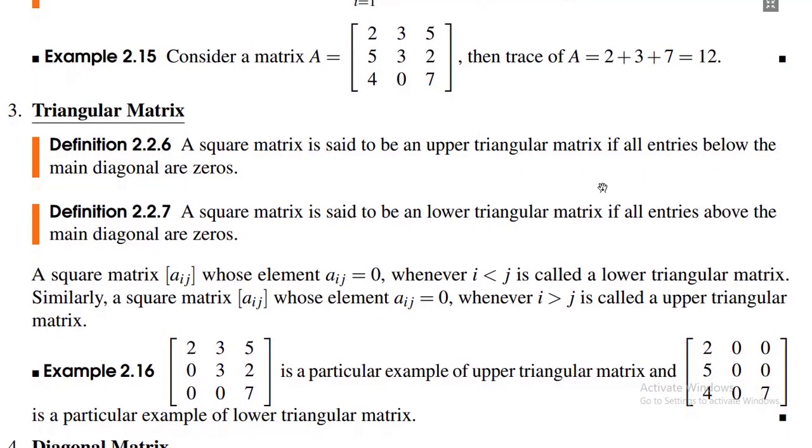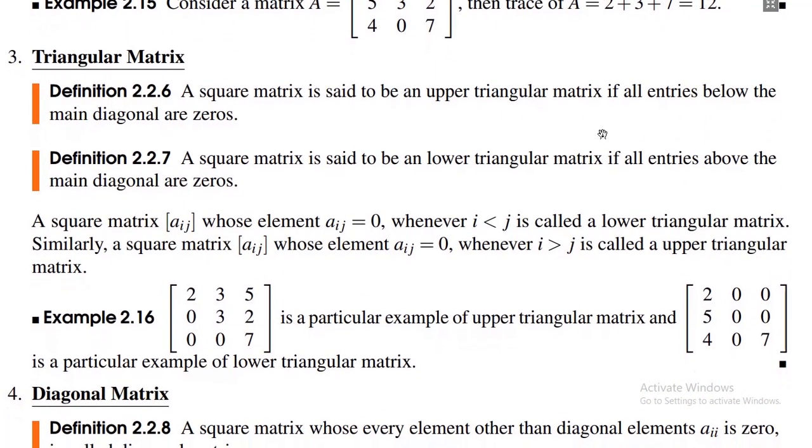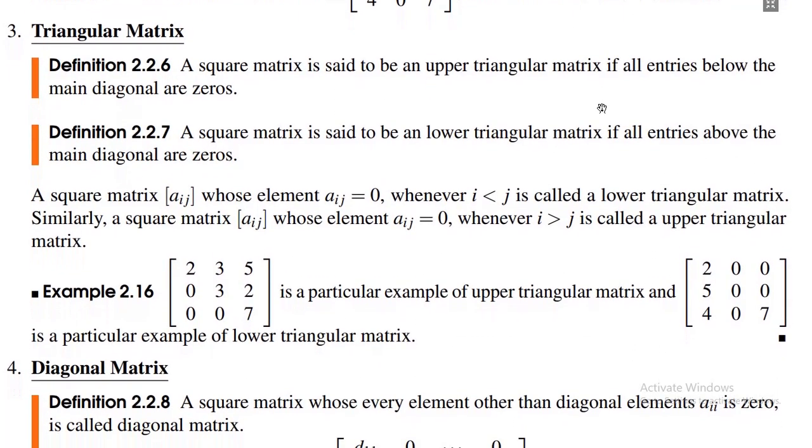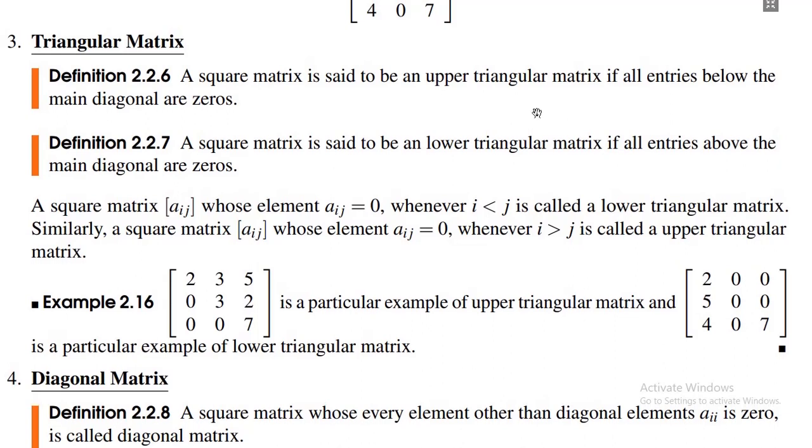Now, there are two types of triangular matrix, lower and upper triangular matrix. A matrix in which all aij are 0 whenever i is less than j is called a lower triangular matrix, and a matrix whose entries aij are equal to 0 whenever i is greater than j is called an upper triangular matrix.